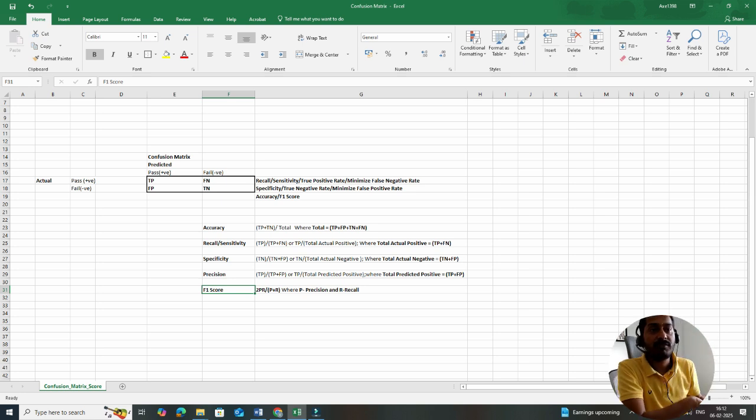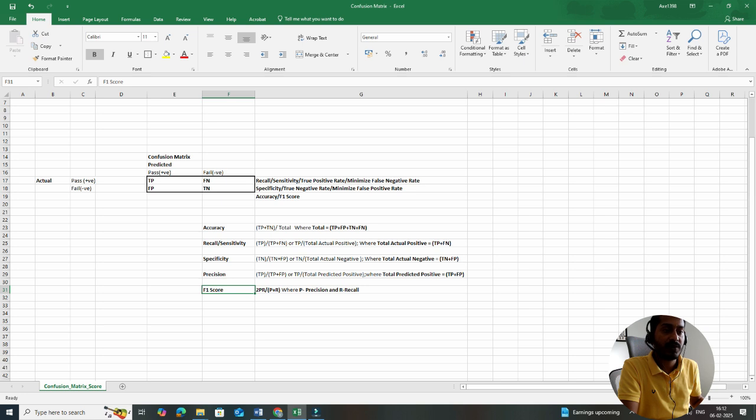Sometimes the true positive value is much more than the true negative, or the true negative value is much more than the true positive, and then my accuracy will not give the exact efficiency of my classification model. So in that case, the F1 score plays a role, and it gives you a balanced approach.